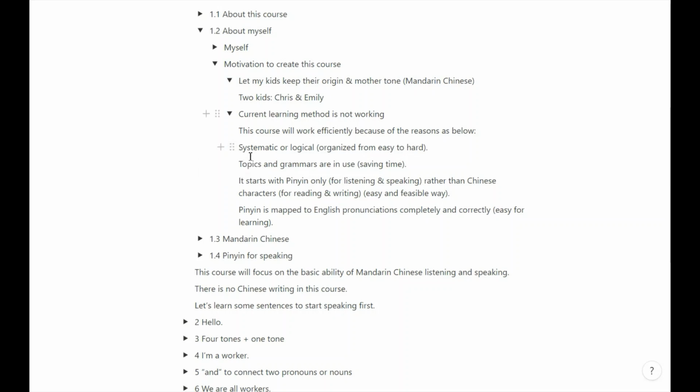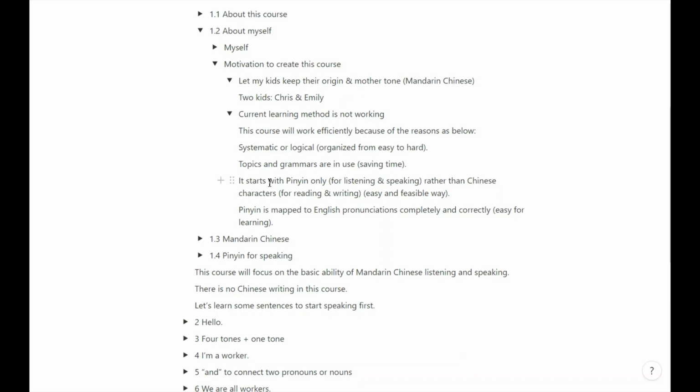First of all, it will be systematic and logical. That means we will organize the contents from easy to hard. Then the topics and the grammars are in use. This will save the learning time.